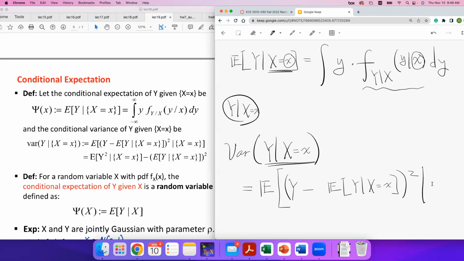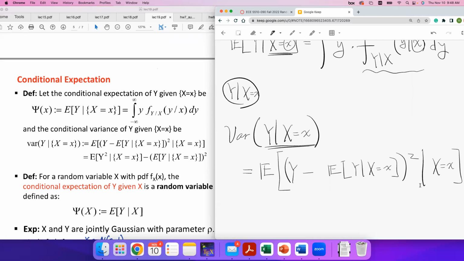Of course, we need to condition on this realization of x. So it's very similar to the standard definition of variance of y, where we just replace all the expectations by conditional expectations. But this expectation is conditional, and the outer expectation is also conditional.